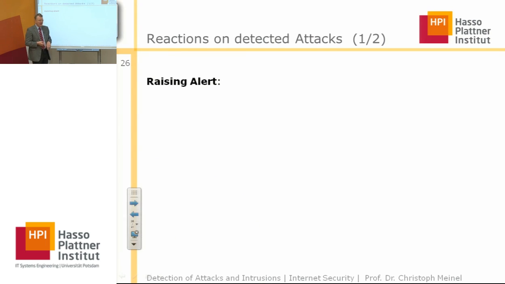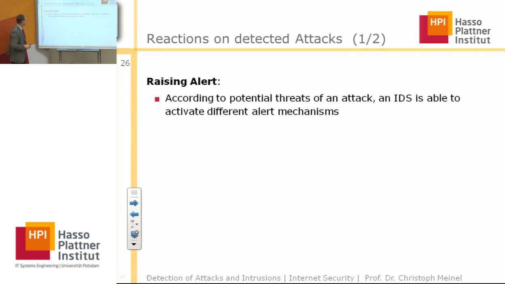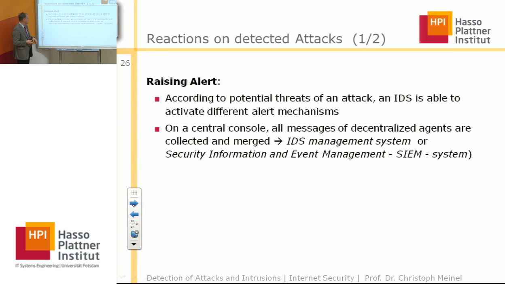A short view of how intrusion detection systems react if they are able to detect an attack or intrusion. I mentioned in several points that they raise an alert. What does it mean? According to the potential threat of an attack, an intrusion detection system is able to initiate different alert mechanisms.